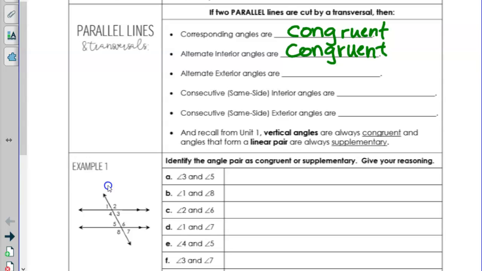How about the alternate exterior angles? Pick out a pair and see if you can figure out if they are acute or not acute. Congruent or supplementary? Noah? 2 and 8. 2 and 8, very good. Do you think they're congruent or supplementary based on what I just said?